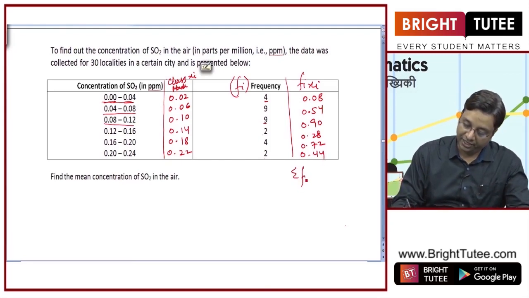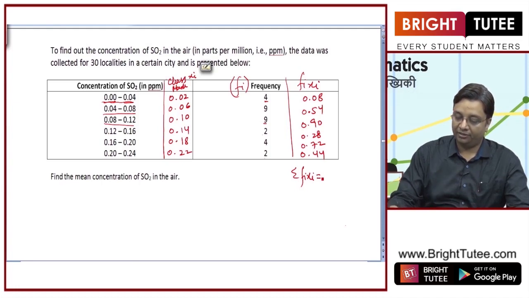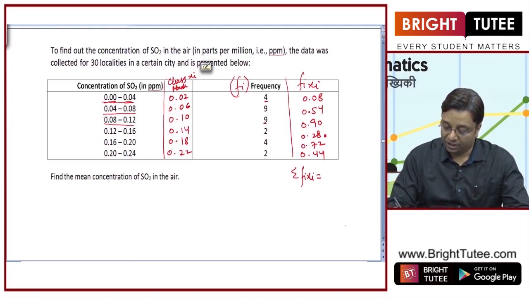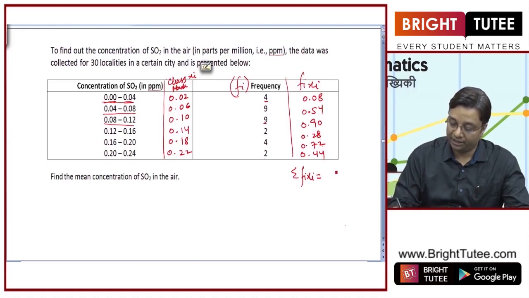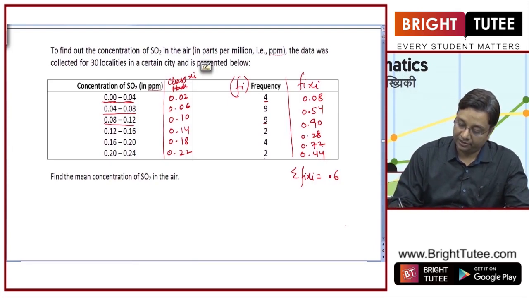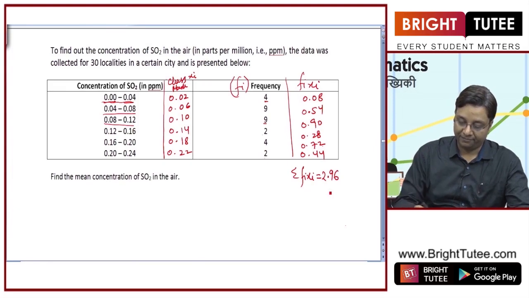So what will be sigma Fi xi? It will be the sum of these, which will be 4 plus 2 6 plus 8 14 and 4 18 plus 8 26, so 6 here, 7 9 16 18 25 29, so it will be 2.96 sigma Fi xi, right?